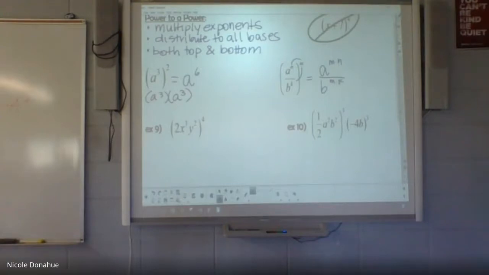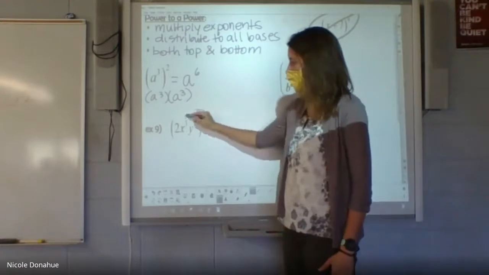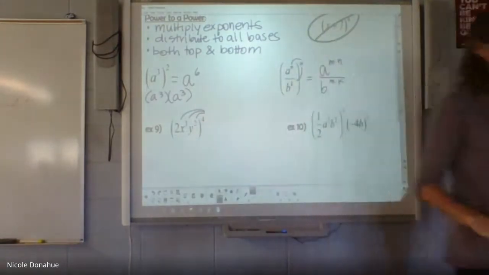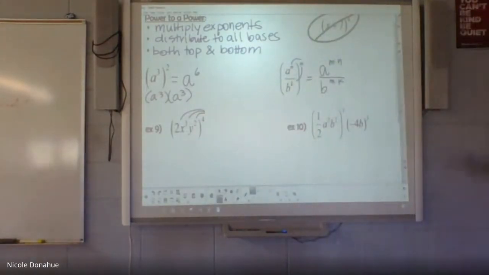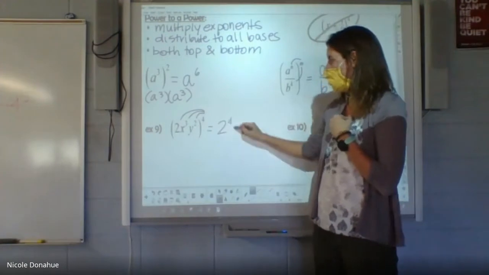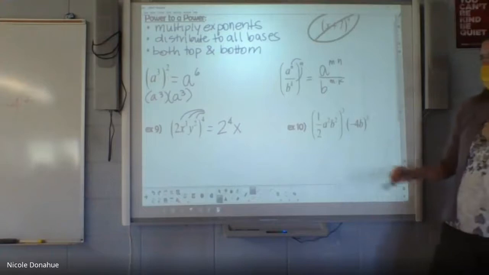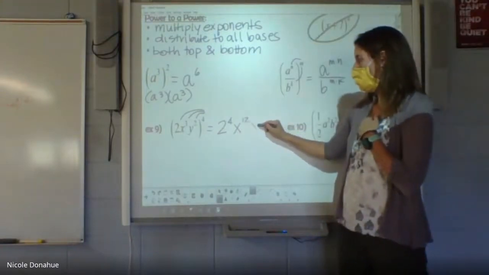So that fourth power is going to go to the 2, it's going to go to the 3, but it's also going to go to that base of the 2. Everything has to get that fourth power. So this is going to become 2 to the 4th, x to the 12, very good, y to the 8th.